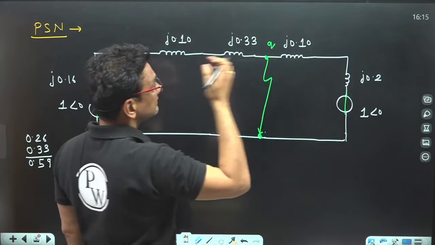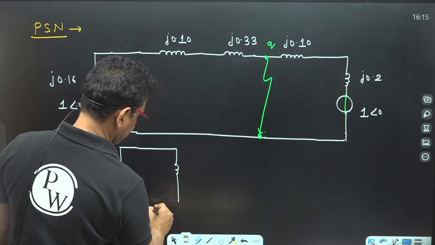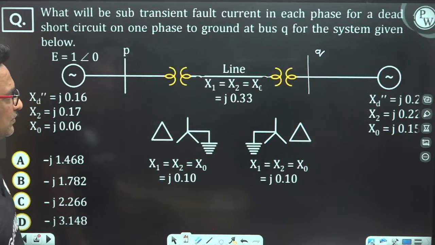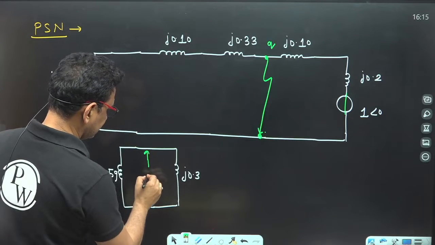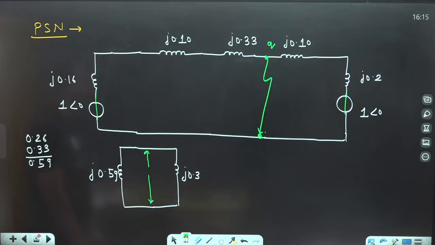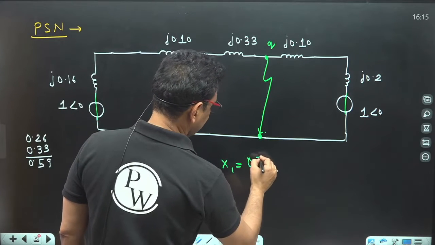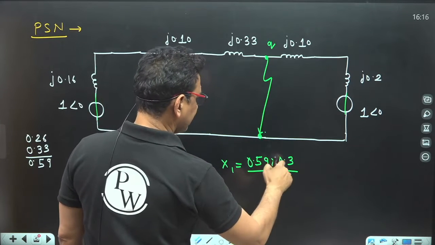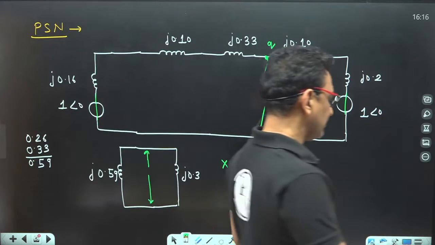And here 0.2 plus 0.1 is J 0.3. Now the overall reactance here, X1, what will be its value? The 0.59 and the 0.3 are connected in parallel. 59 times 3 over 59 plus 3, that is 89. Now calculate this value.